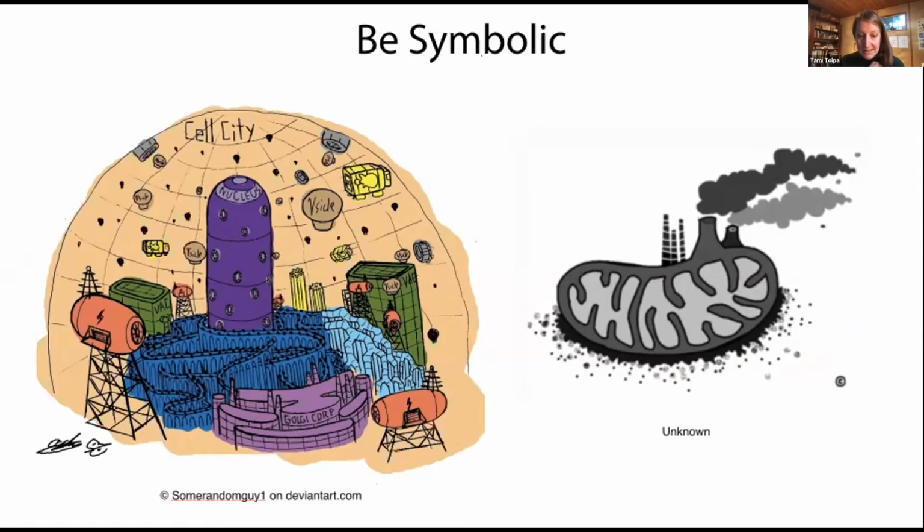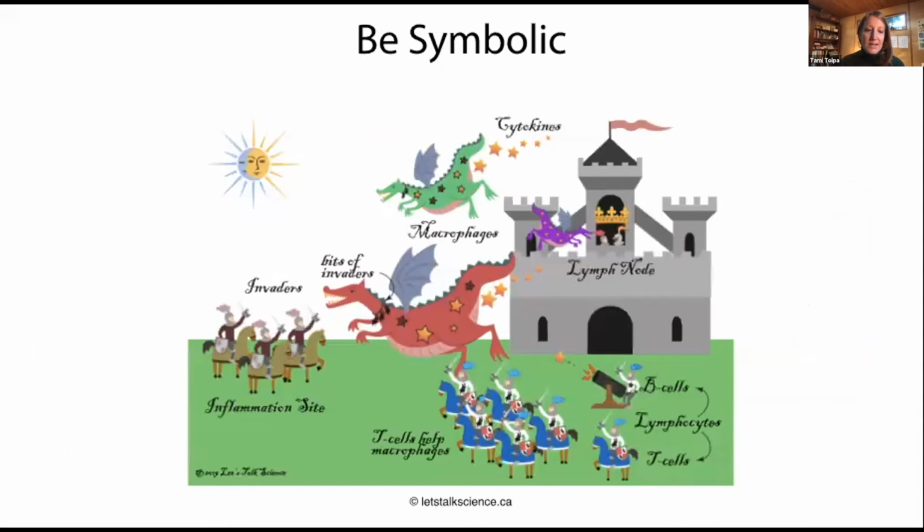So in some cases, it might help your audience to see pictures like these to better understand cellular complexity. And war is often a metaphor when used to describe the immune response to pathogens. And I especially like this one because it's so whimsical.